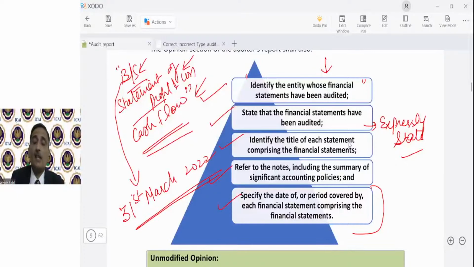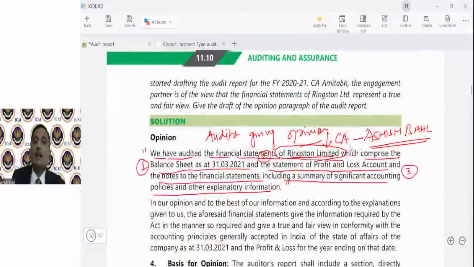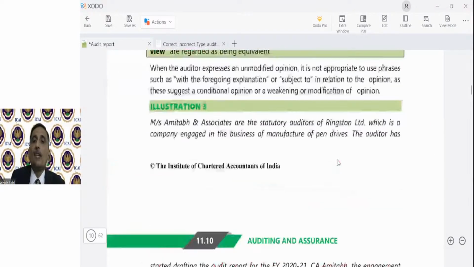Yes, statements of change in equity can be there if it is applicable. Refer to the notes. Specify the date. Now it is stating the date, that is, the period. Balance sheet as at 31st March 2021. Okay. And how the opinion is given.